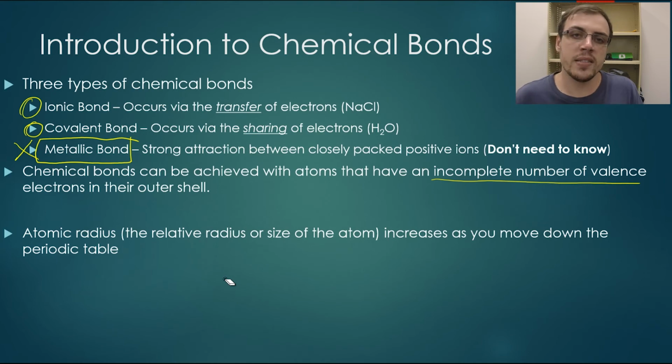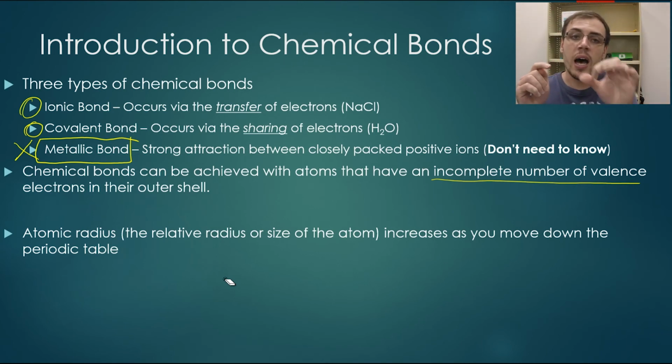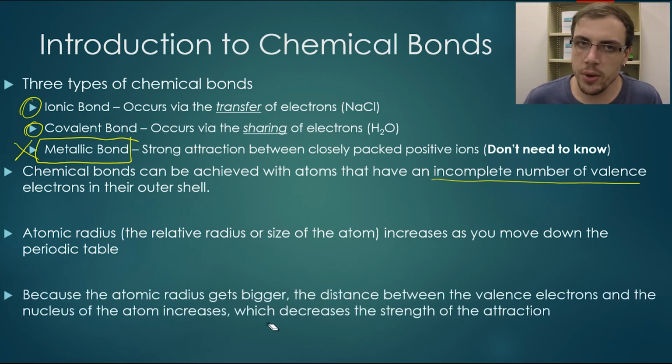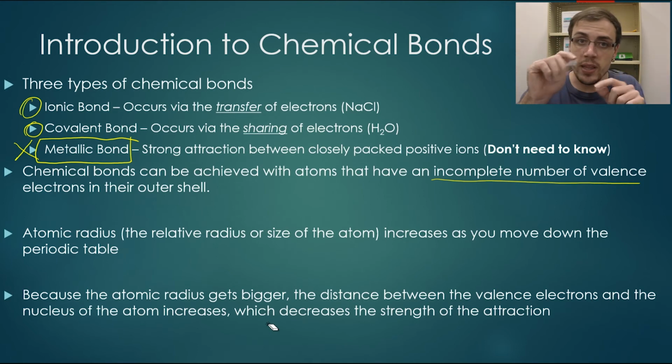So atomic radius is how big the atom is, how far away the outermost electrons are from the innermost nucleus. Now, here's the trick though. As you move further and further away from the nucleus, so as the atomic radius is getting bigger, or the atom is getting bigger, the distance between the outermost shell and the nucleus is getting greater and greater.